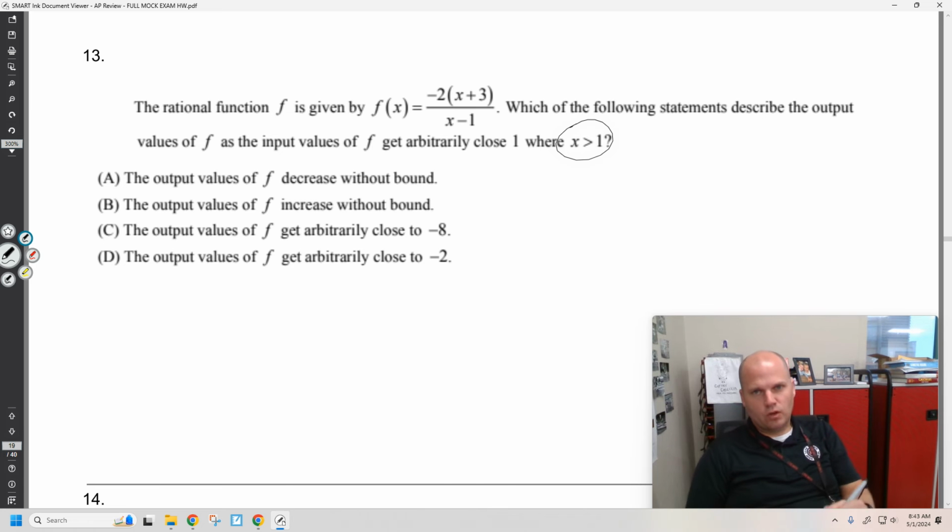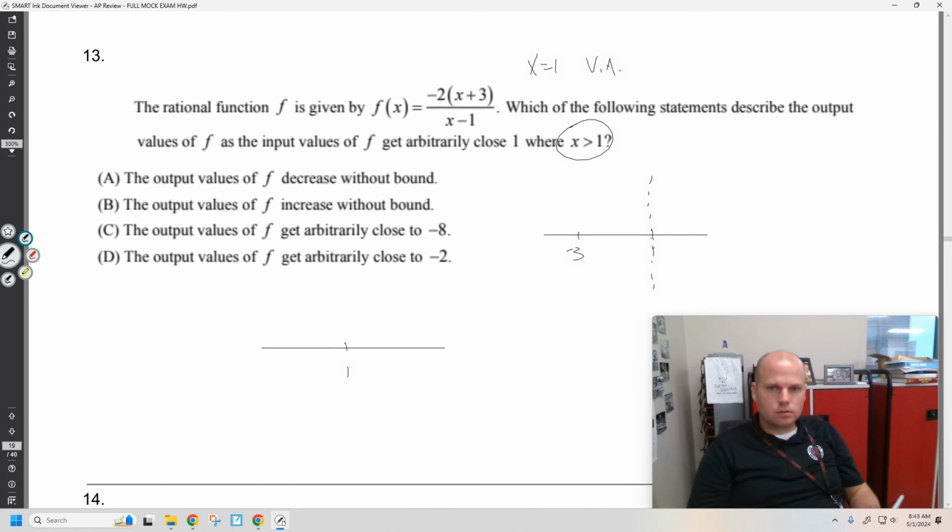First of all, we should know that x equals 1 is a vertical asymptote. This is when you should break out a sign analysis, either a full sign analysis or just a smaller partial sign analysis. If I did a full sign analysis, I know there's a vertical asymptote at 1.